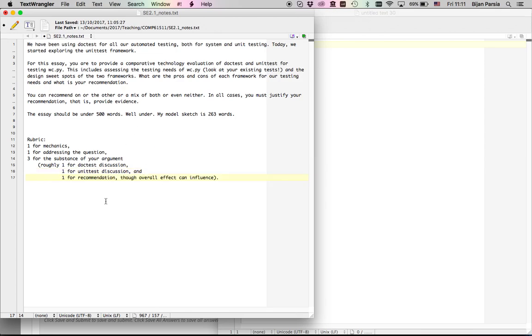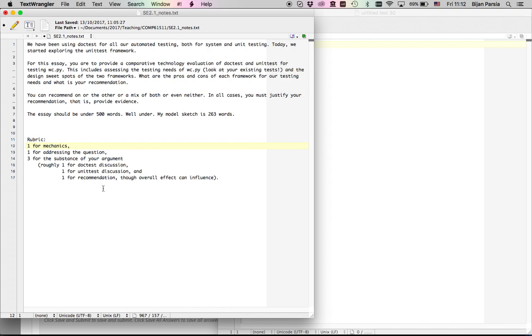And now this has become a checklist for me. So when I'm writing my essay, just before I submit, I go through: did I check for typos? Did I make the mechanics good? Can I say that I'm addressing the question? In my argument, did I have a clear place that I was talking about doc tests, a clear place where I was talking about unit tests, a clear place where I gave a recommendation?